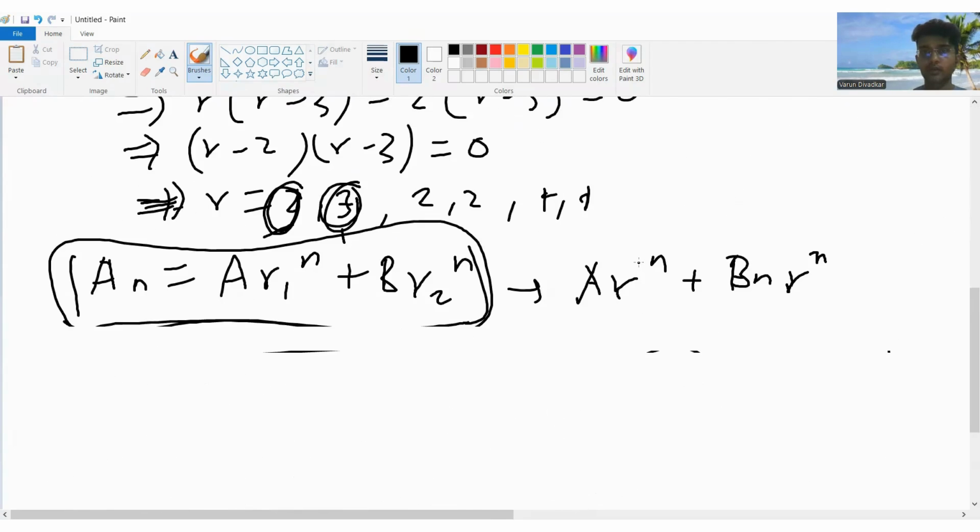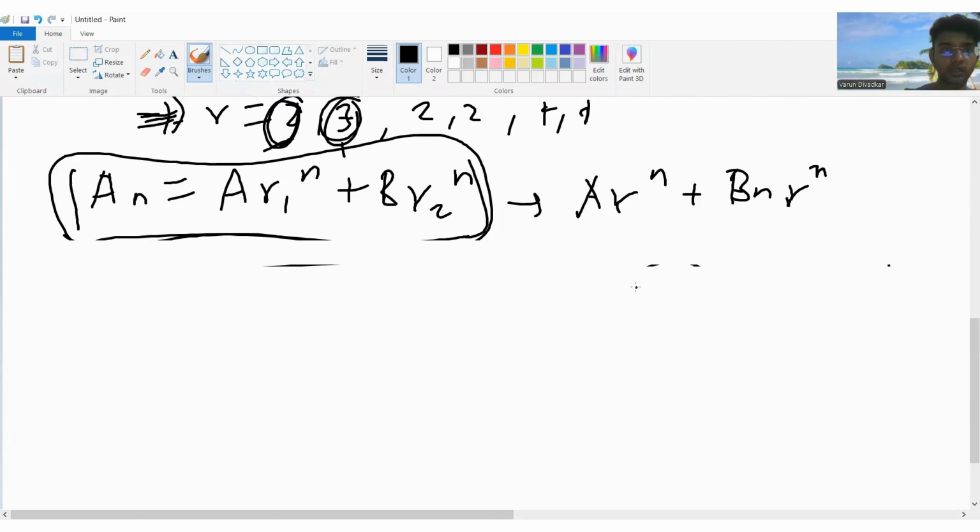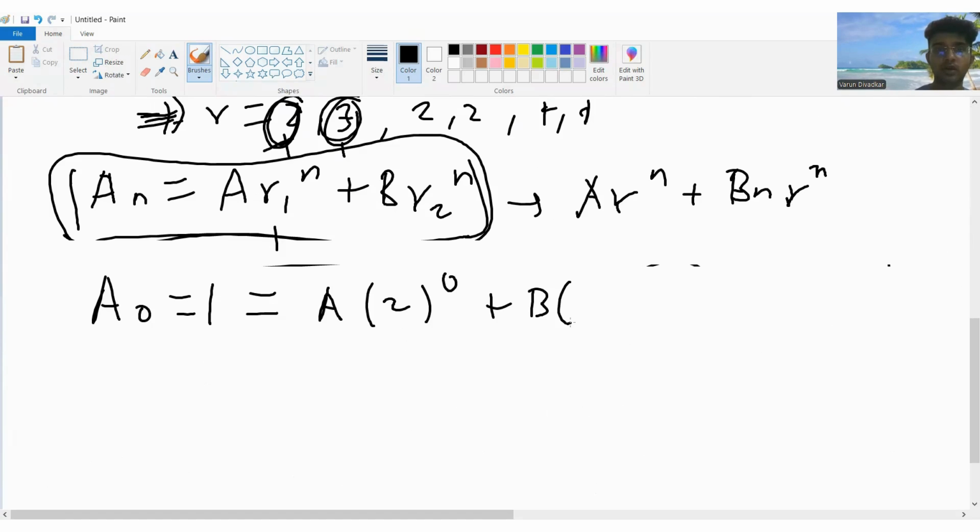Let's solve this now using substitution. a0 equals 1, which equals a into 2 raised to 0, since r1 is 2, plus b into 3 raised to 0, since r2 is 3. 2 raised to 0 is 1, and 3 raised to 0 is 1. So this implies a plus b equals 1. That's the first equation.